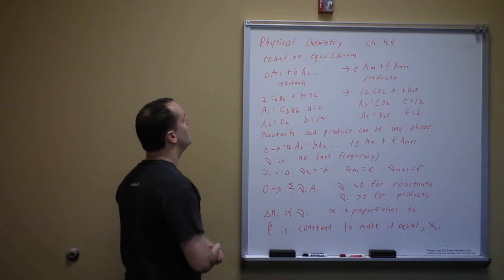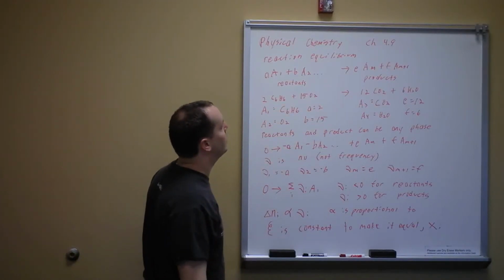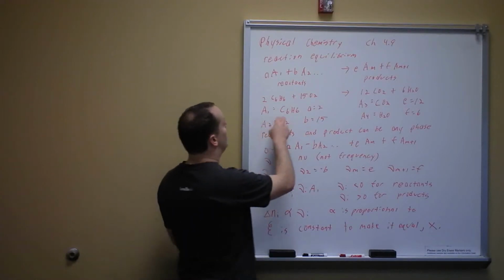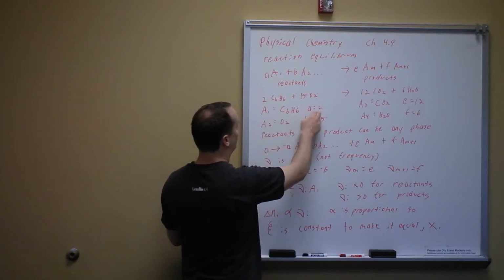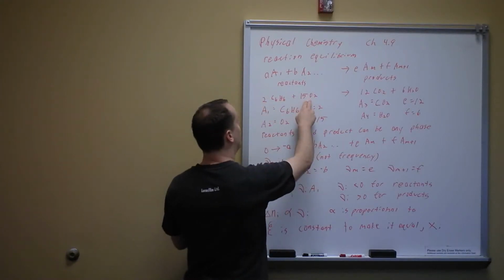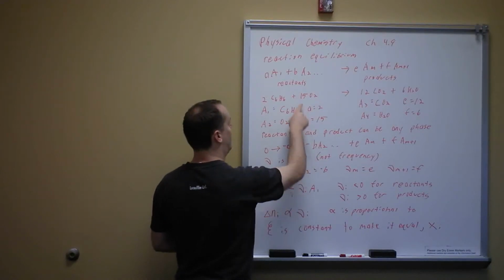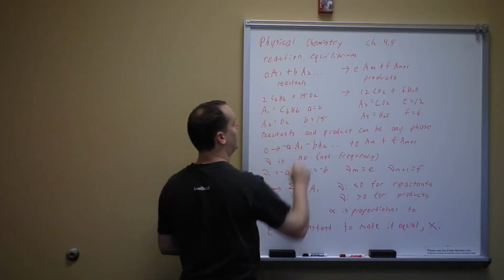Now, as an example, we'll put in benzene plus oxygen goes to carbon dioxide and water. So our A1 is the benzene, our lowercase a, the stoichiometric coefficient, is 2, and then the other reactant, our A2, is O2, and its stoichiometric coefficient b is 15.